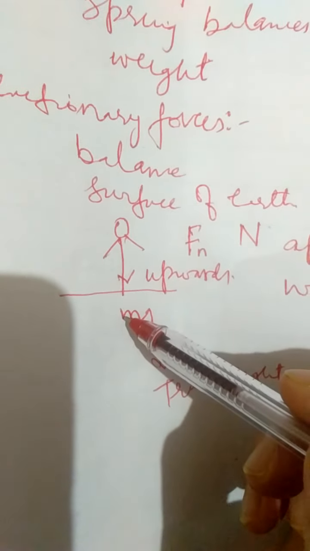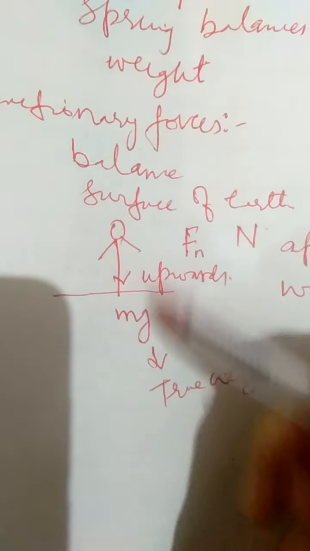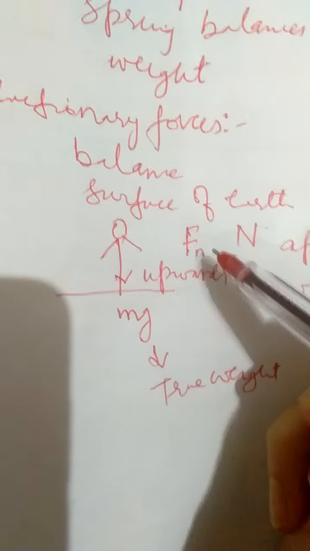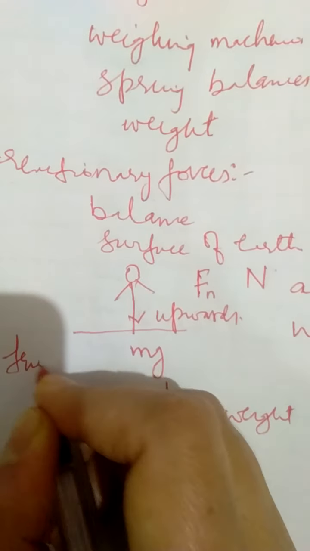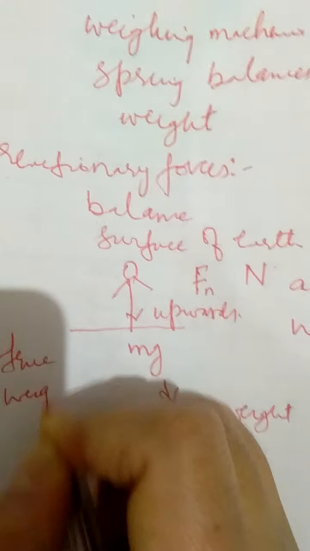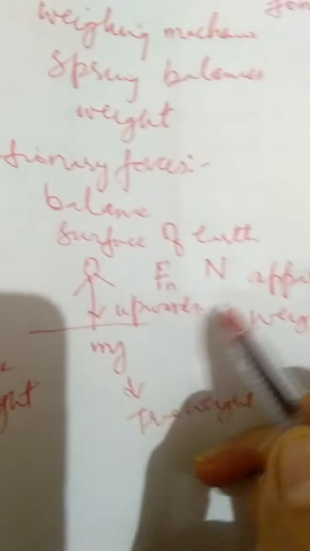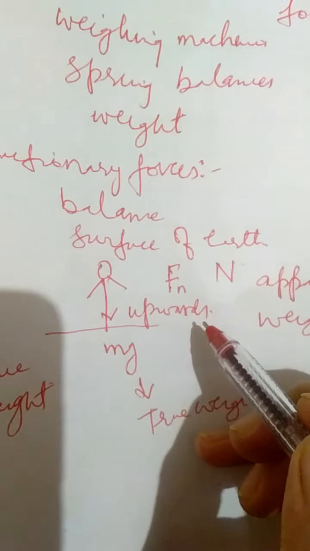Remember. Now, when the body or the person is at rest, its weight is balanced by the reactionary force. At that time, the spring balance or the weighing machine is actually measuring the true weight of the object, because this true weight is the same as the reactionary force since the body is at rest.